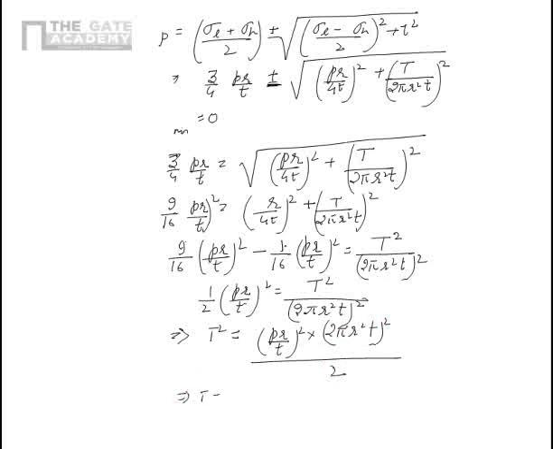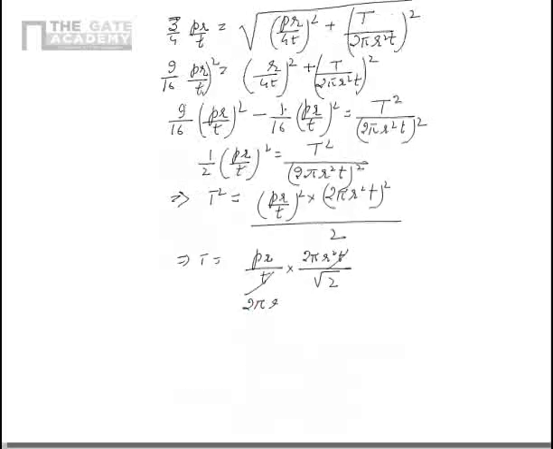So that gives me T is equal to just square root of this term, PR upon T multiplied by 2 pi R square T upon square root of 2, which is nothing but I remove the T, so it becomes 2 pi R cube P upon square root 2, or it is pi R cube P square root of 2. So that is the value of torque if it is applied to the pressure vessel.